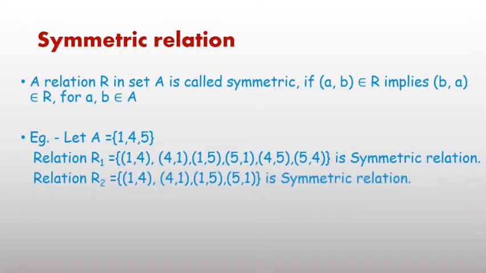Or one more example, (1, 4), (4, 1), (1, 5), (5, 1). Here it is not necessary that each and every element of set A is covered. As per definition, for a and b belongs in A, whatever elements in the ordered pair you are writing, elements of the ordered pair should be present in set A. Then it is known as symmetric relation.